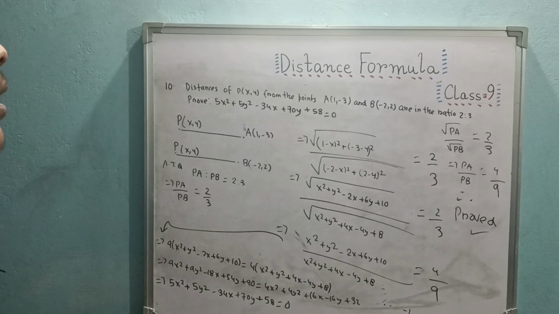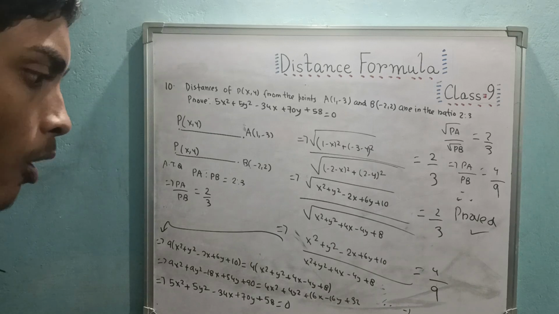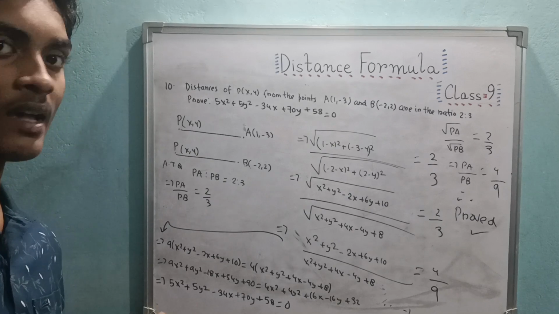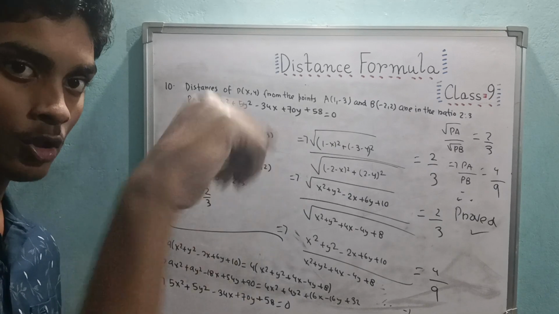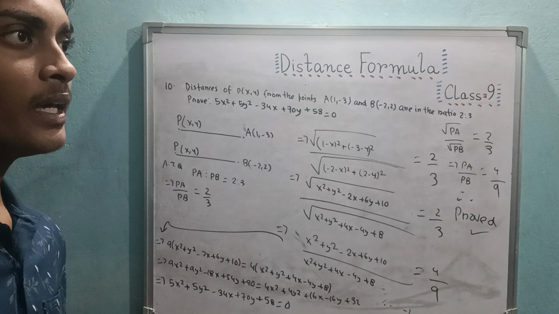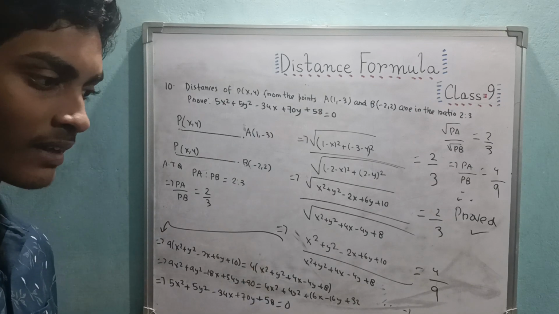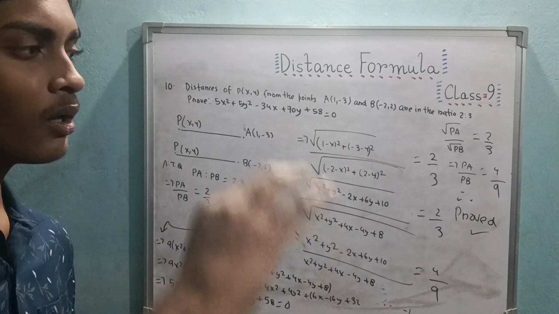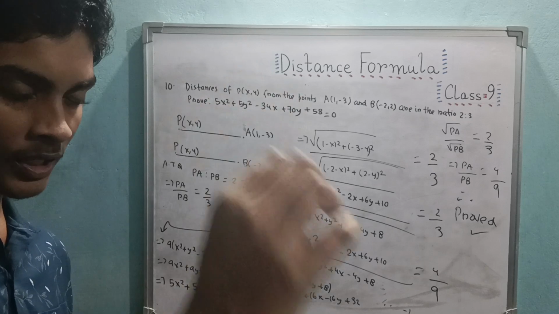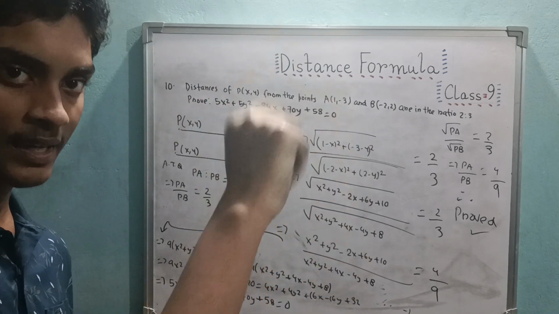Whenever a point is on the y-axis, the x-axis is absent, so 0 will be there in place of the abscissa. If the point is placed on the x-axis, then the y-axis is absent, so 0 will be there on the ordinate, and abscissa x will be there.